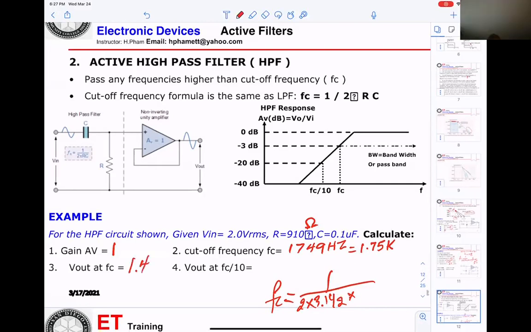Okay, I messed it up. Okay, so at 10 times, it will be 0.2. That's right. 0.707 times 2. Hit the wrong button.